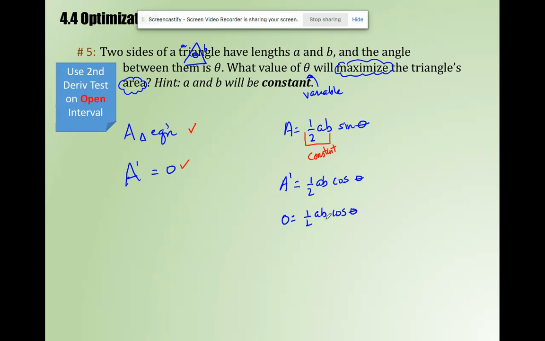I'm trying to solve for theta, so divide both sides by this constant. When is cosine theta equal to 0? Again, we're in a triangle, so we're going to go between 0 and pi, right?